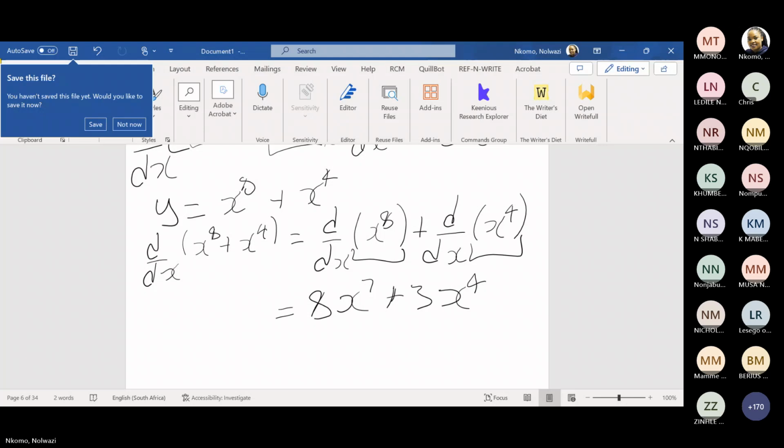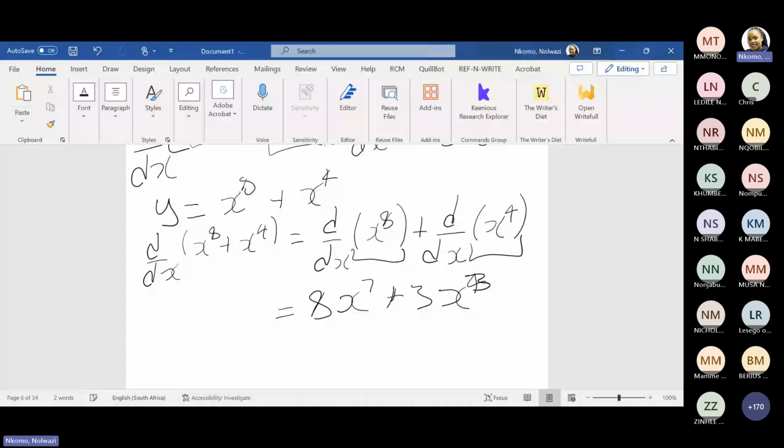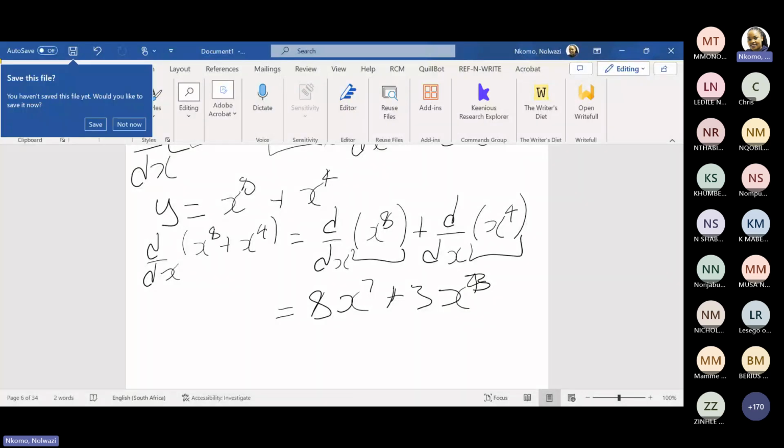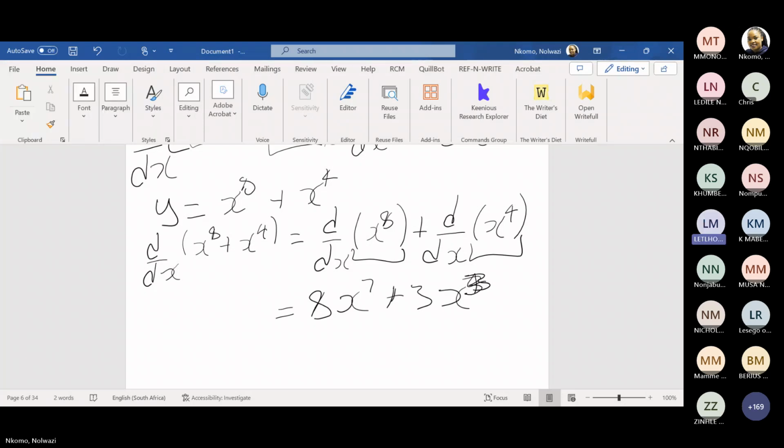Ma'am, is it supposed to be 4x to the power 3?